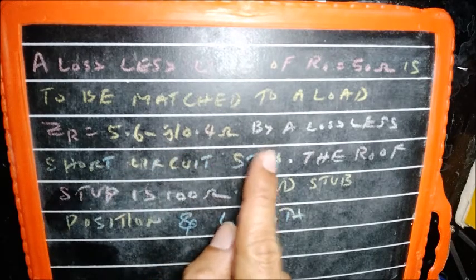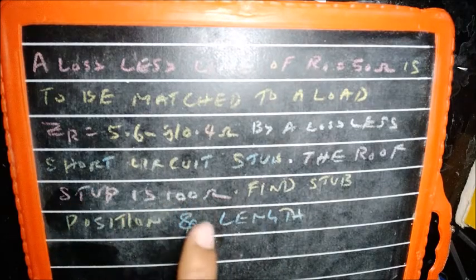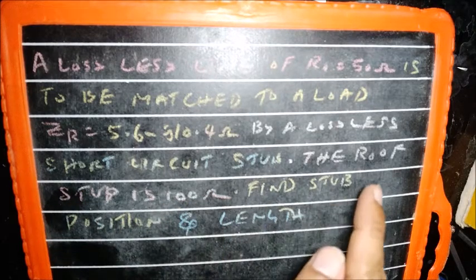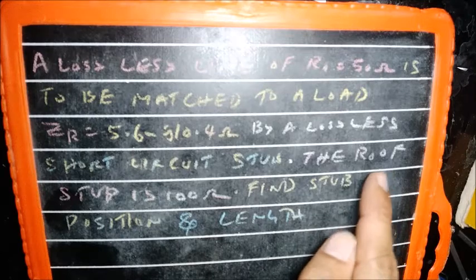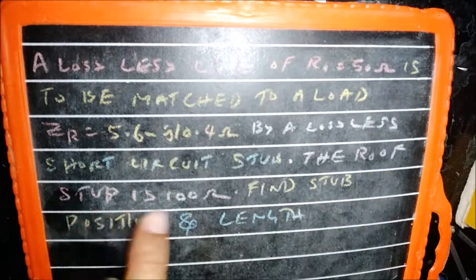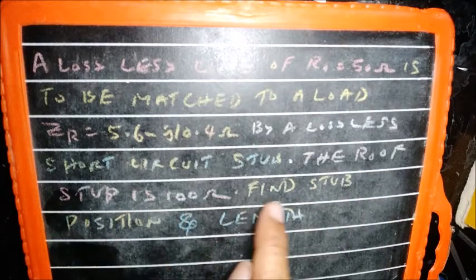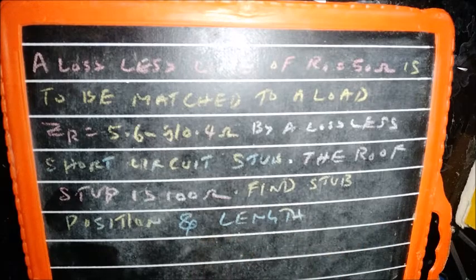And it has to be matched by a lossless short circuit stub. The R naught of the stub, that means characteristic impedance of the stub, is 100 ohms. We have to find the stub position and the length. So this is the question. And we will be solving this using the Smith chart.